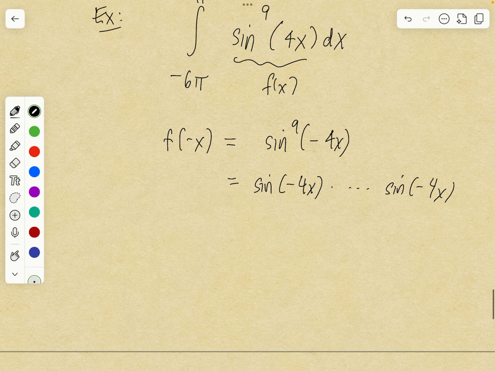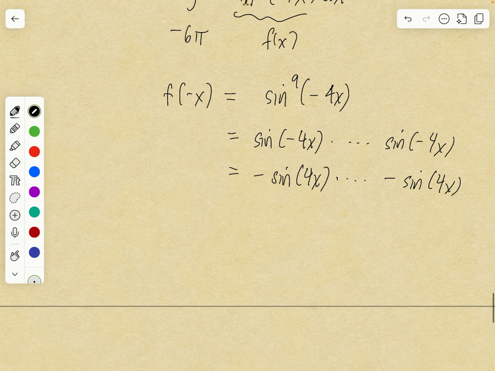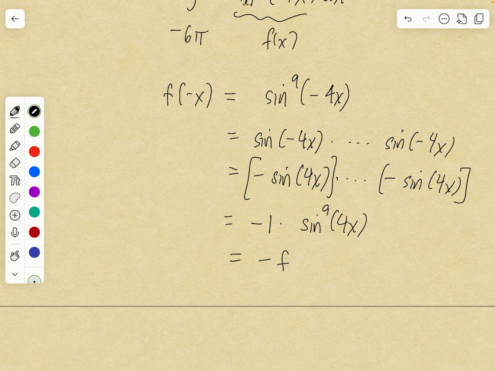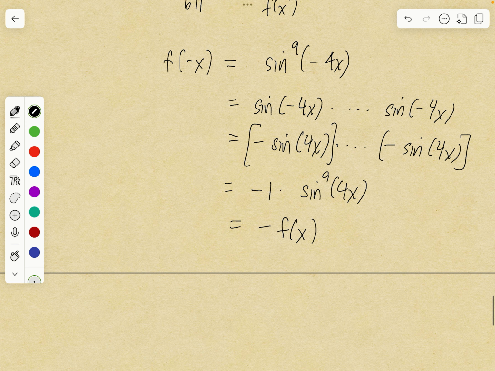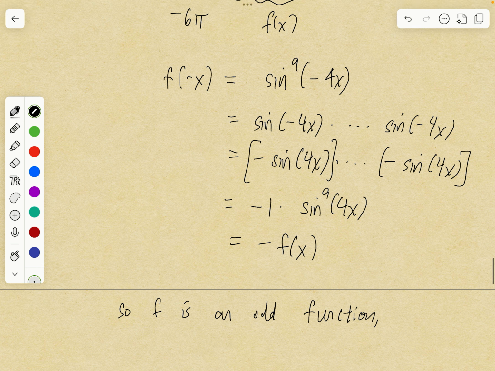Now sine is an odd function, so this is going to be negative sine of 4x times itself 9 times. I have 9 of these negative sine 4x's, so I'm going to get negative 1 times sine of 4x to the 9th power. So this is negative f of x. So f is an odd function. So then the integral is 0.